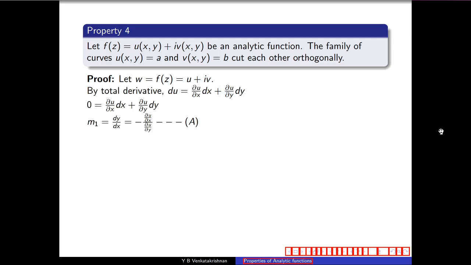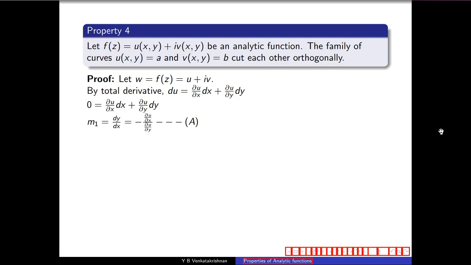So what we do is we calculate the slope of the curve u is equal to a. For that, using the property of total derivative, we get du is equal to dou u by dou x into dx plus dou u by dou y into dy.